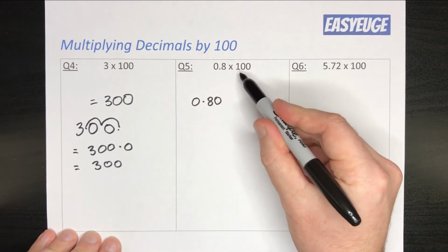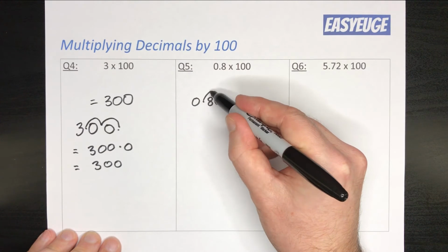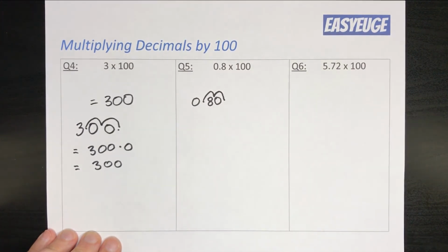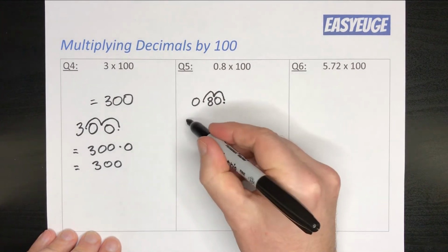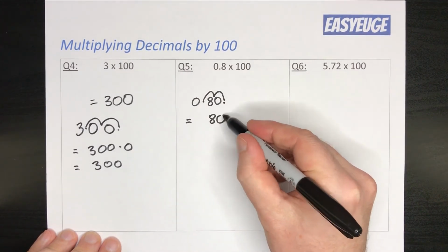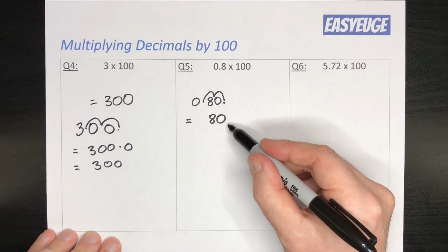So we're multiplying by 100. There's 2 zeros. Let's move 2 places. 1, 2. And the decimal point goes here. So the answer is 80. 0.8 multiplied by 100 is 80.